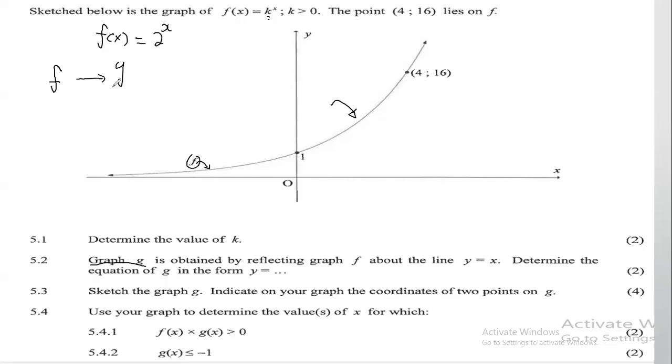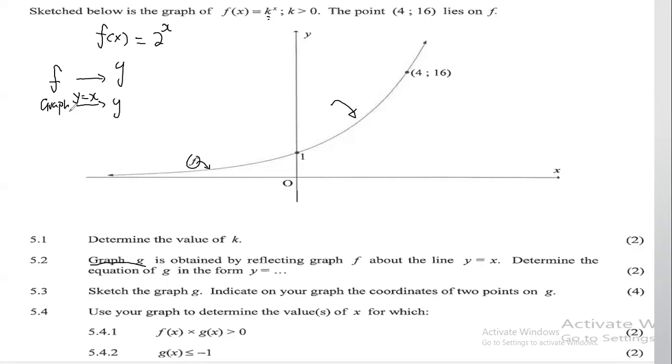They are saying the graph g is obtained by reflecting the graph of f about the line y equals x. So to find the graph of g, use the graph of f. What must you do to the graph of f? You must reflect it along the line y equals x. Now let us find the equation of g.